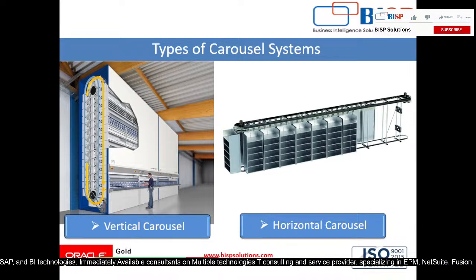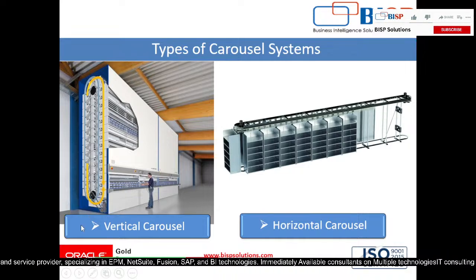The vertical carousel also allows the window to be at the height of the operator, creating ease of use and less strain on the operator, making the pick process extremely quick and accurate, right? Very quick and accurate.